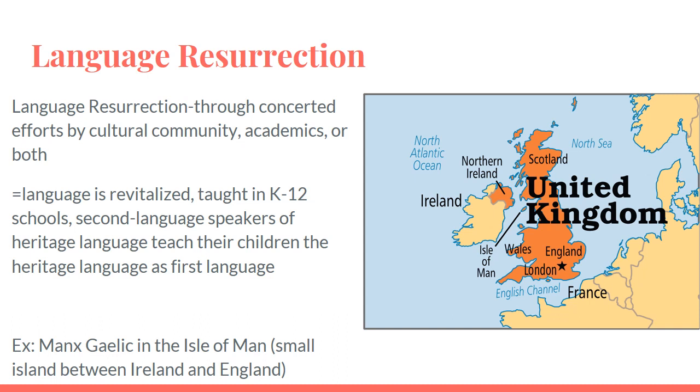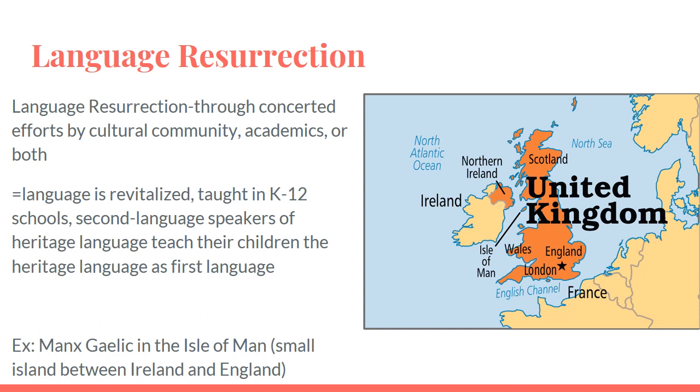Language resurrection is when a language has declined significantly, almost to the point of death, and then the language has been revitalized and recovered many times by native speakers and community activists, but also many times by academics and teachers.